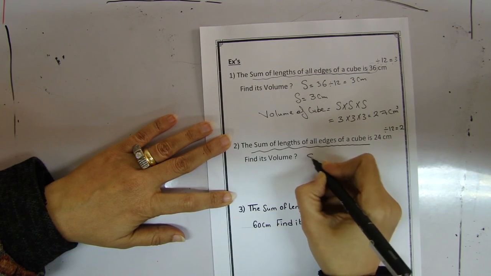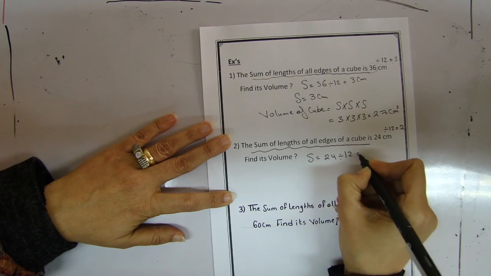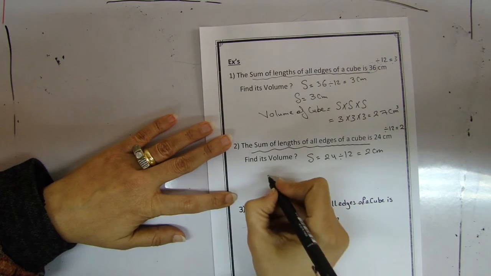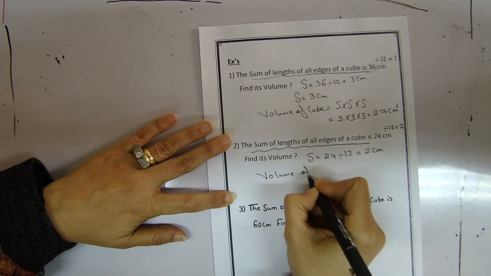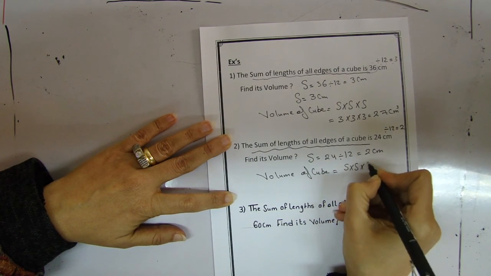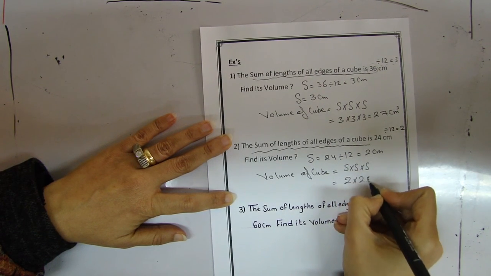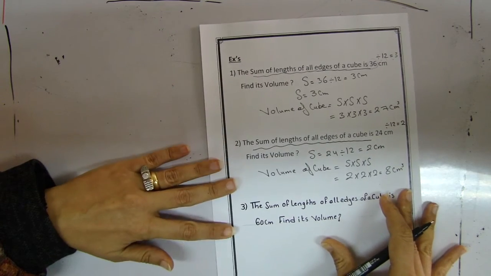Side equals 24 divided by 12 equals 2 centimeters. Then volume of cube equals side times side times side equals 2 times 2 times 2 equals 8 cubic centimeters.